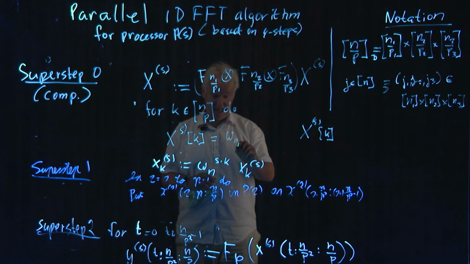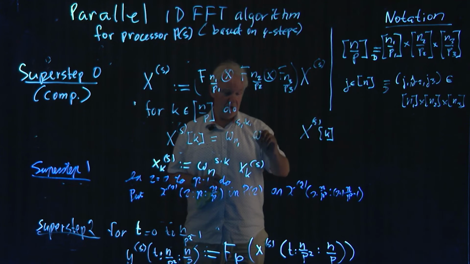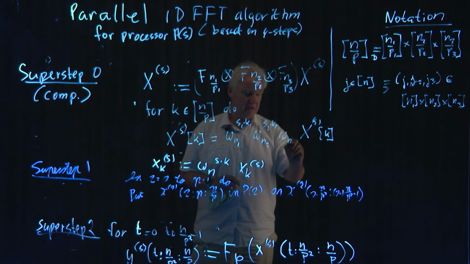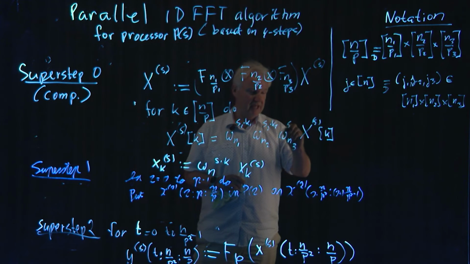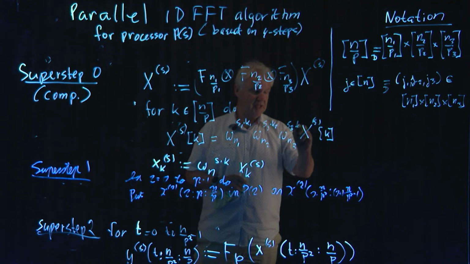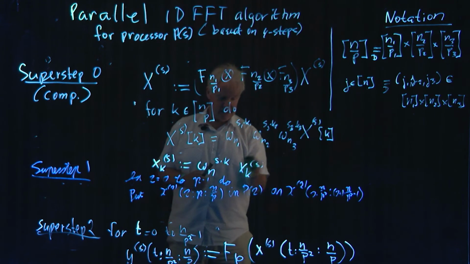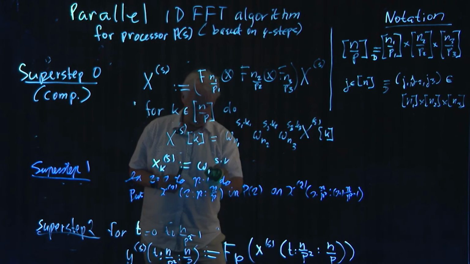So it's omega n1 s1 times k1, omega n2, lots of twiddling going on, omega n3 over s3 times k3. This is the exponent. And I can wipe out then the one-dimensional version.